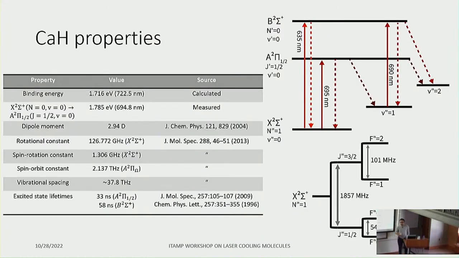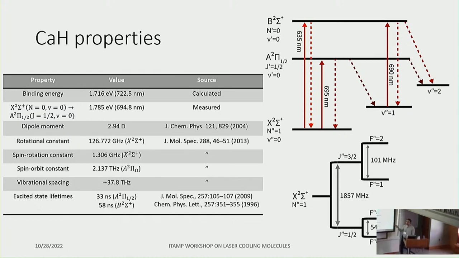So calcium hydride seems on the surface very similar to other molecules that you've heard about in this workshop, calcium fluoride, for example. The electronic structure of calcium hydride looks very similar. It's a doublet sigma ground state, and you have the lowest doublet pi excited state, and then you have the B sigma state.